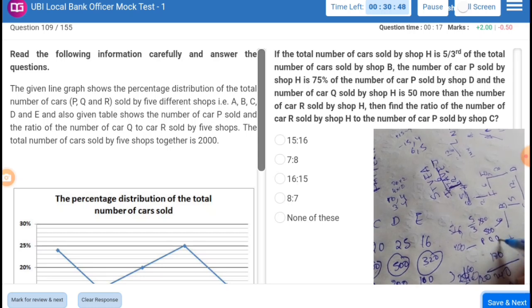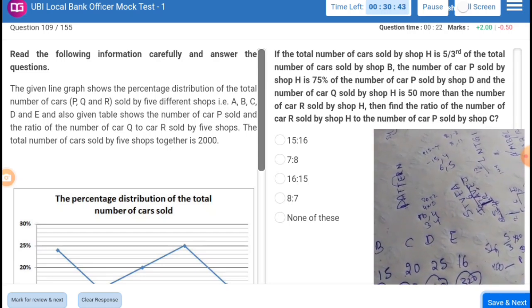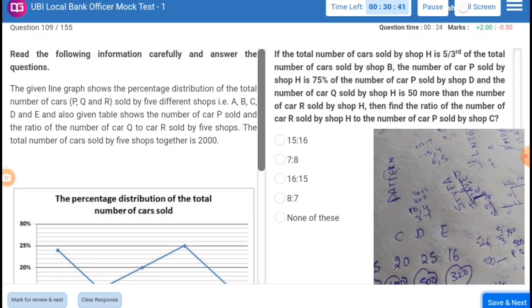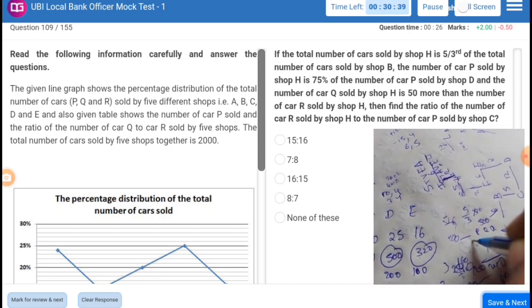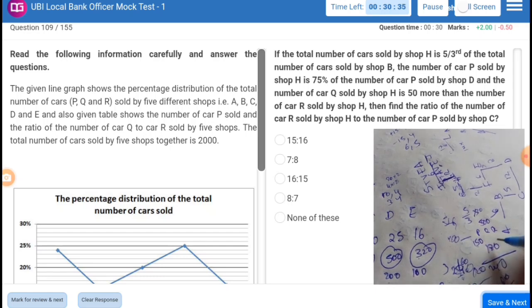P Q 3/4 of P sold by D, 150, and Q sold by H is 50 more than the R sold by H.